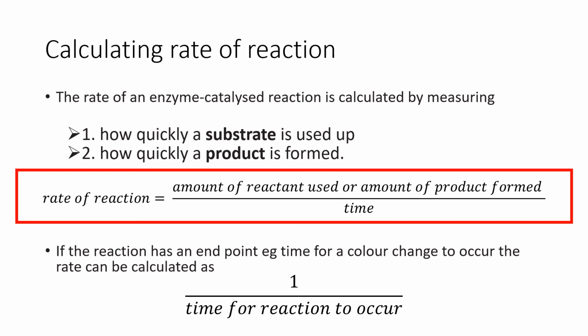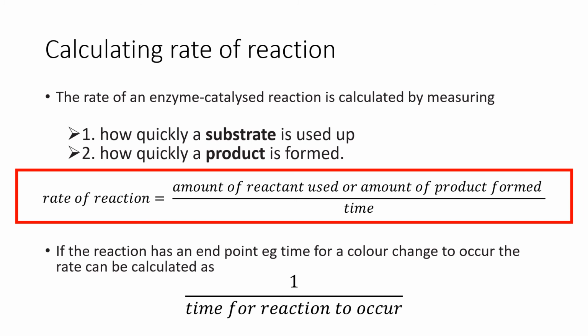So you get the amount of reactant, the mass or the volume, and divide that by the time, or the amount of product formed, again, either its mass or its volume, and you divide that by time to get the rate of reaction. Now the second way you can do it is if you have a chemical reaction, an enzyme reaction, where there's a clear endpoint. So for example, you put A and B together, and when the reaction ends, it changes from pink to brown, or some other color change or some other variation thereof.